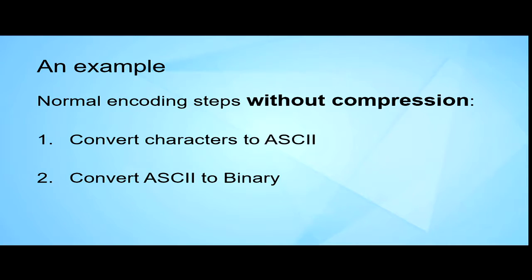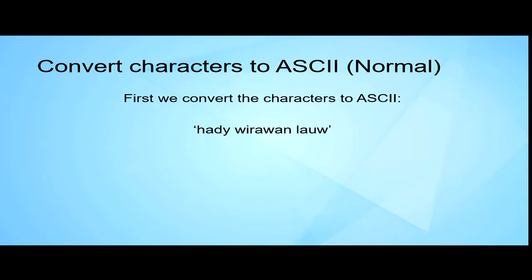To see what Huffman encoding actually does, we'll first see an encoding without Huffman's algorithm. A normal encoding step is to first convert the characters to ASCII code, and then change that to a binary code, so it's without compression.